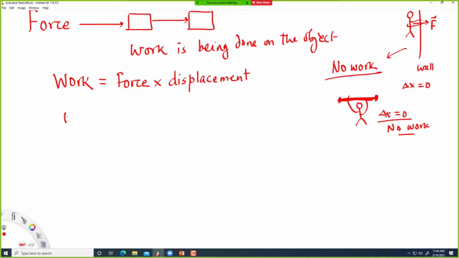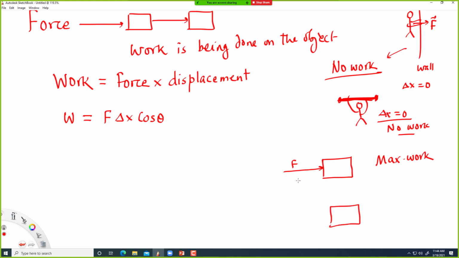So the actual definition is work is equal to force times displacement delta x times cosine theta. So work also depends on how you apply the force. Let's say you apply force in this direction, then you get maximum work. If this block is on the surface of some table and you apply force in this direction, then no work.